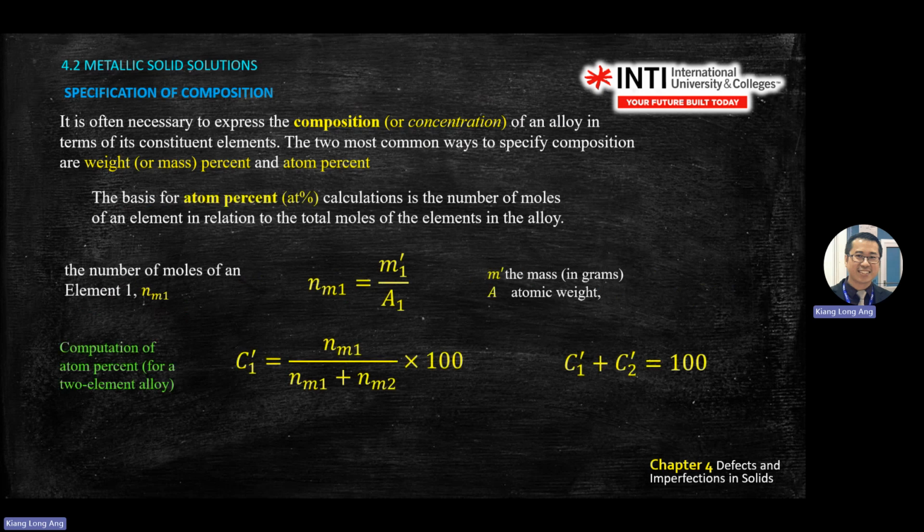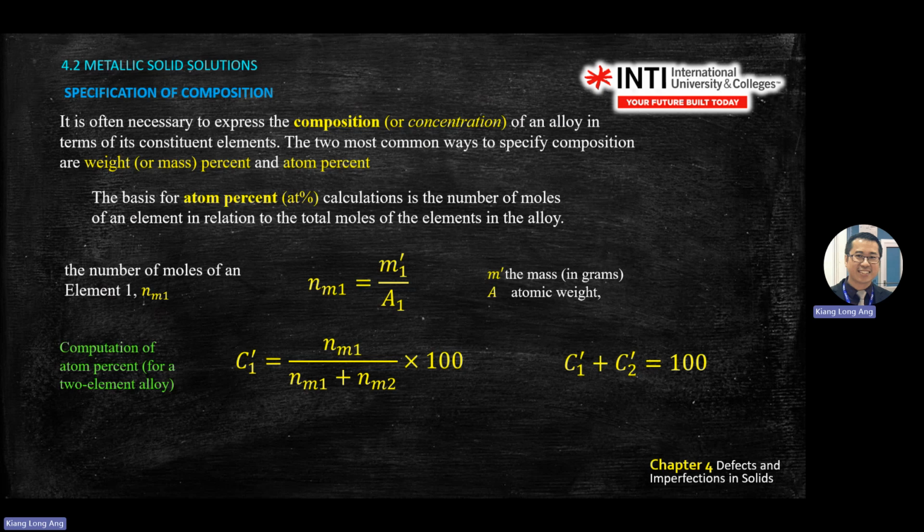Now you want to do conversion. We have 2 types, WT and AT. Sometimes the question gives you AT, and you need to convert AT back to WT to calculate.